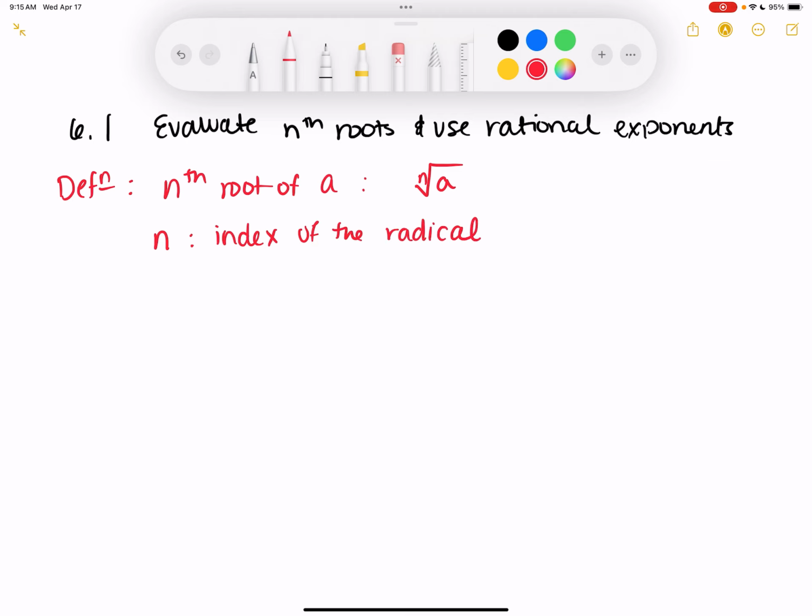On your calculator, you can do an nth root as well. Our radical button is right above x squared. But if you want an nth root instead, hit math and then arrow down.